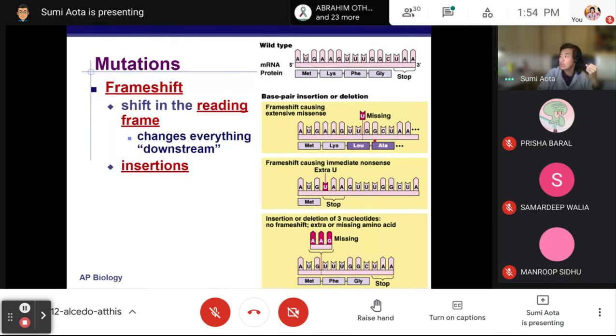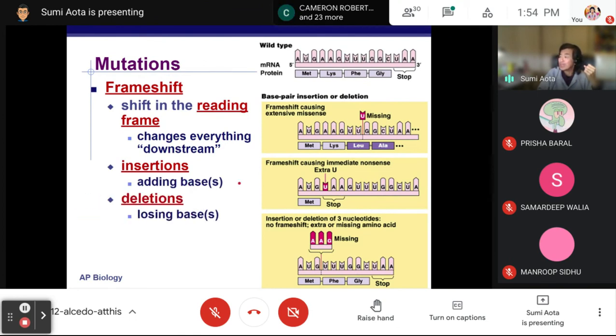And so you change the sequence from met, lys, phe, gly to met, lys, leu, ala. Okay. So adding bases or deleting bases will cause the reading frame to shift over and therefore completely screw up the sequence of your DNA from that point on.